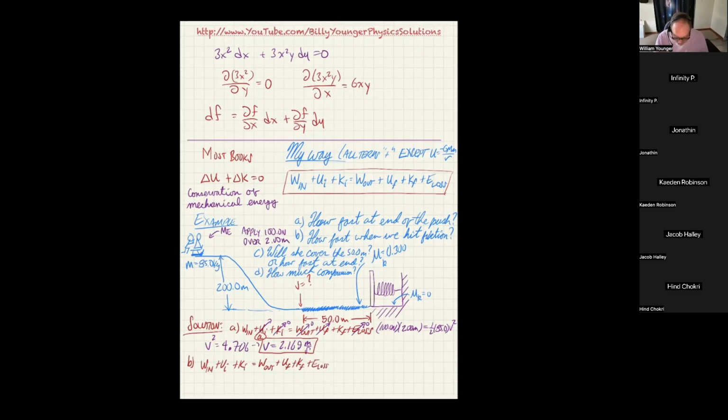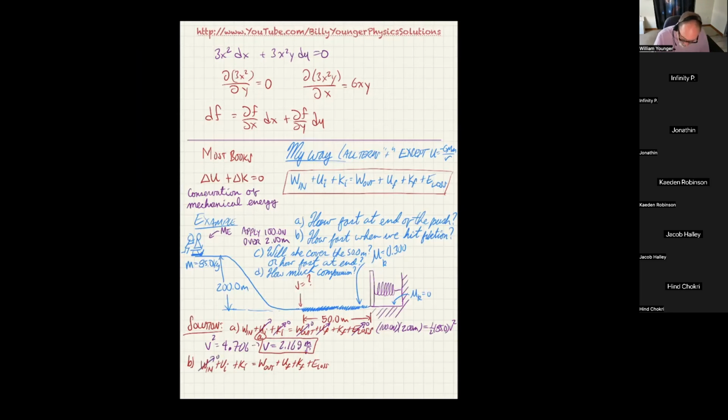Now, in this case, I'm going to start it right after I'm finishing pushing. So I know the initial kinetic energy, it's basically going to be that 100 times 2, because that's what the kinetic energy is. The potential energy, on the other hand, will definitely not be 0, but the work in is going to be 0 for this part.